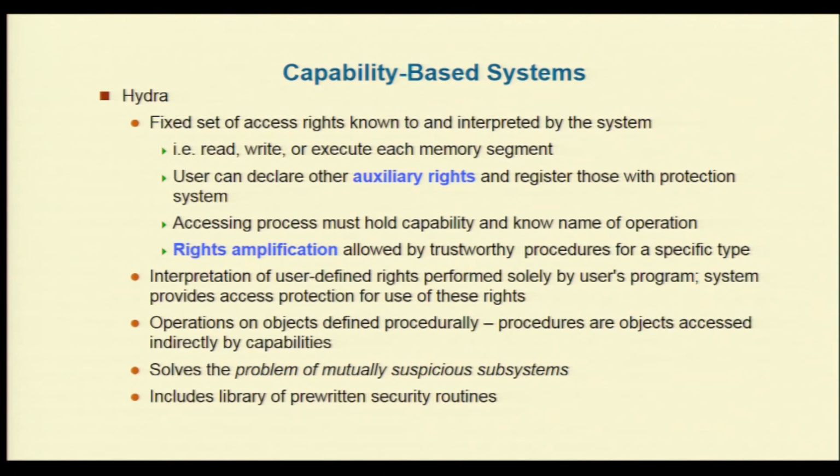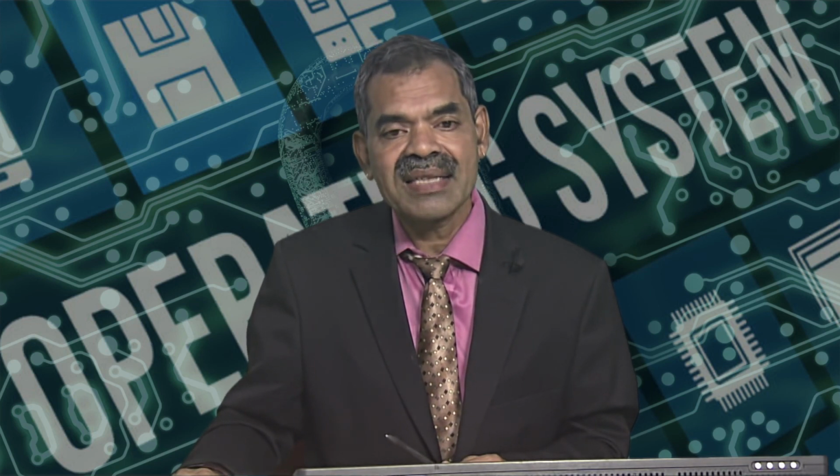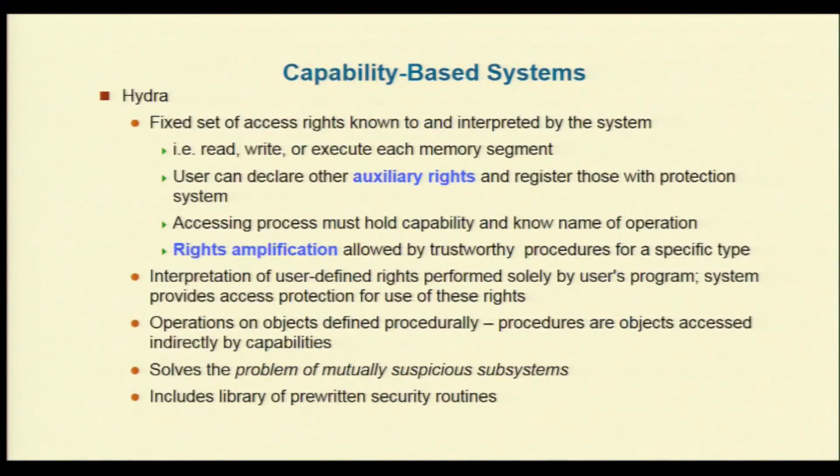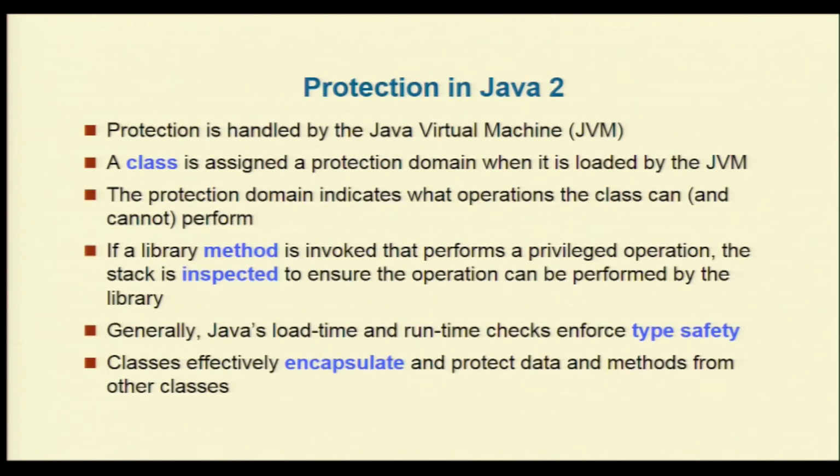One good example is Hydra, which talks about what capability is given to what user, what resource, rights amplification. Can I say that temporarily we have some additional rights for next half an hour, after that it will go. These are some good implementations. Cambridge CAP system talks about data capability, who can access, who can work with the data, that becomes very important.